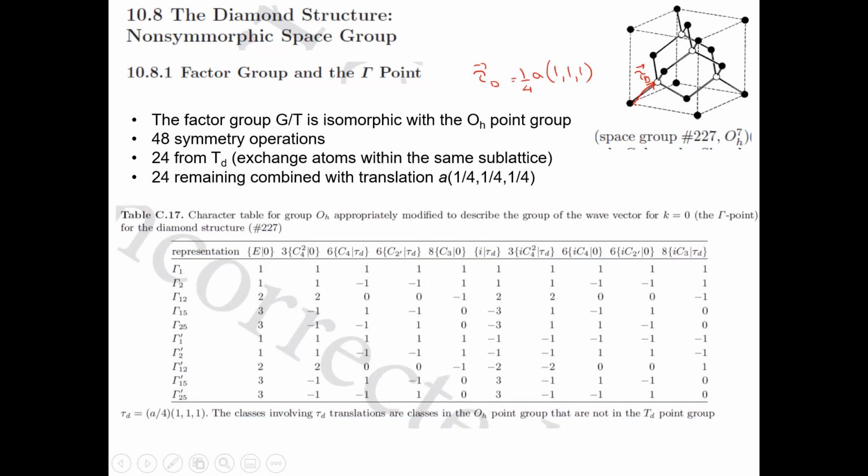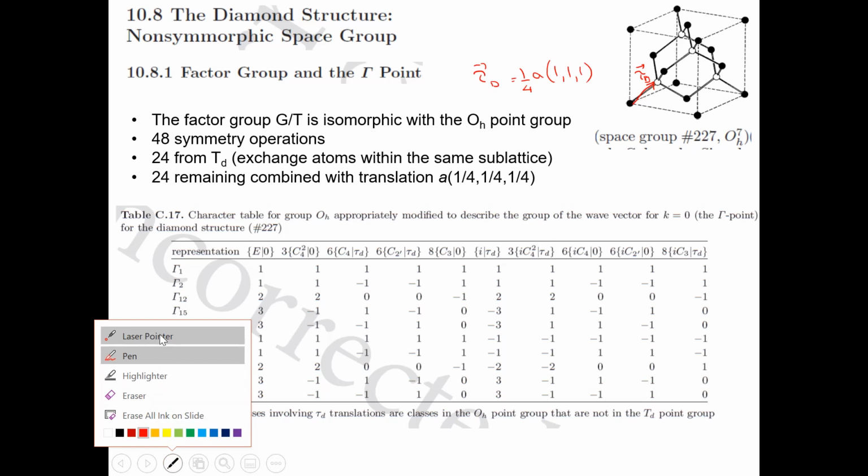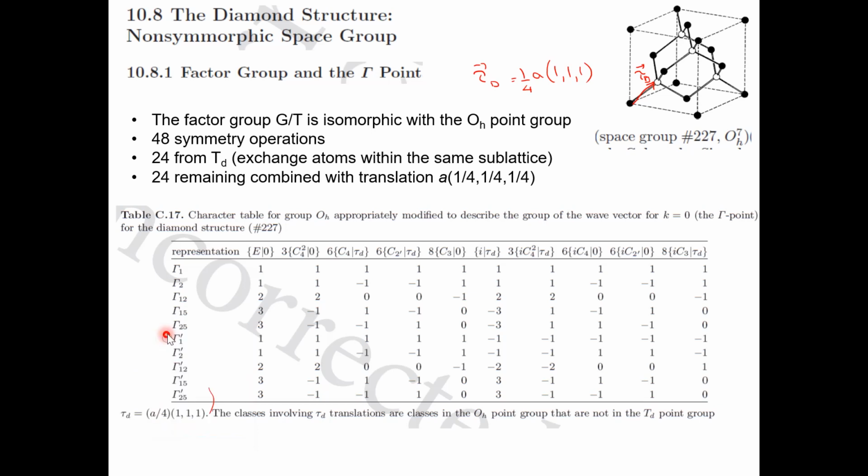Okay? And these are, again, the character table for the group of the wave vector of the gamma point in diamond, in the diamond structure. You see that it looks pretty much like the same character table that we have seen before for a symmorphic cubic group. The only difference is that when we label the classes, we make sure that some of the symmetry operations include the translation by tau d.